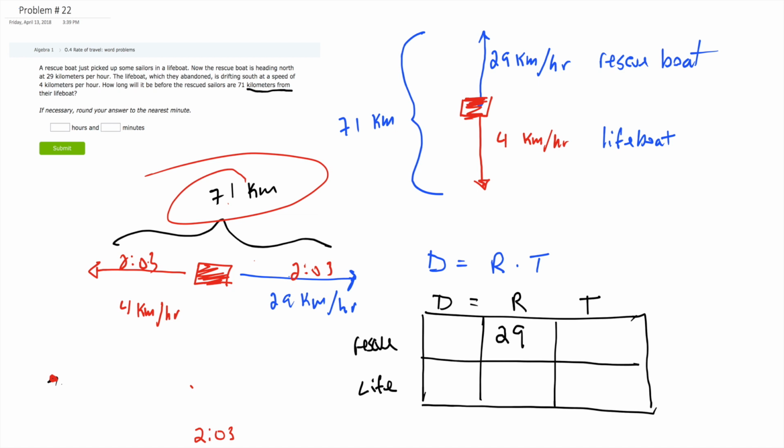I got kilometers and kilometers per hour, and everything's in terms of hours and it's all the same, right? They're not being mean and having you switch it to meters and seconds. Because if that's the case, you're going to want to write units in here. But because it's all the same, and you might be experiencing this from physics, you can leave it out and it'll make things easier. But always be aware of the mean problems.